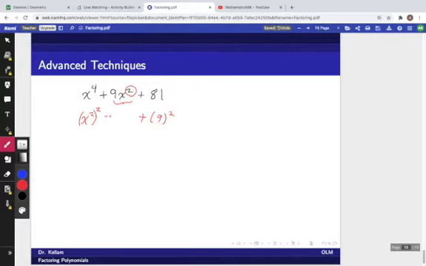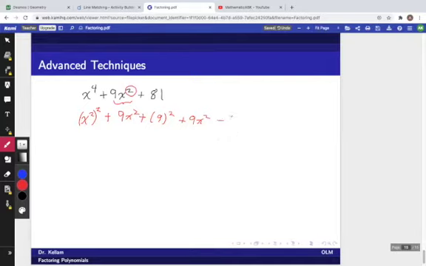And what that is, I'm going to change this question so that it's something that we can factor. And the easiest way I can do that is if I get this to be 18. And the way I would get that to be 18 would be plus 9x squared. However, I can't just add 9x squared.